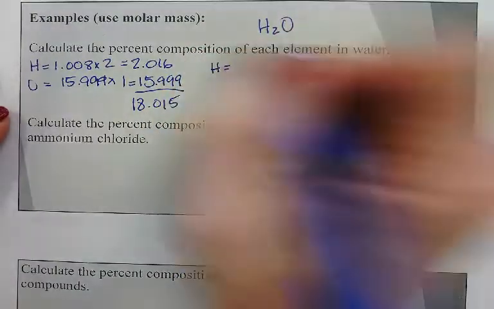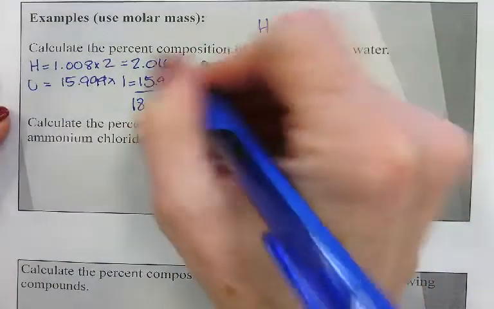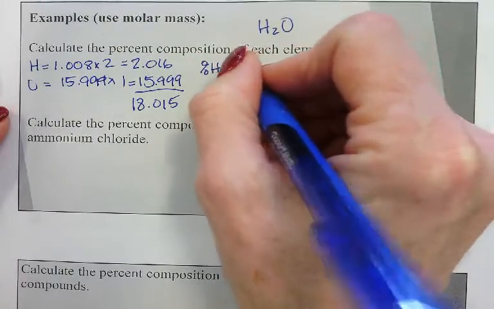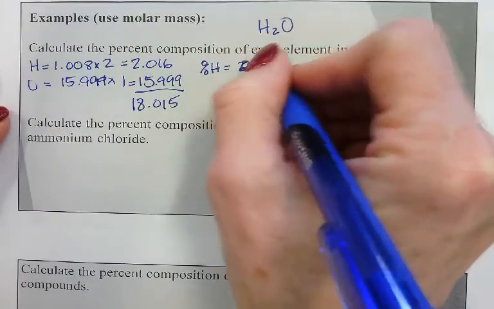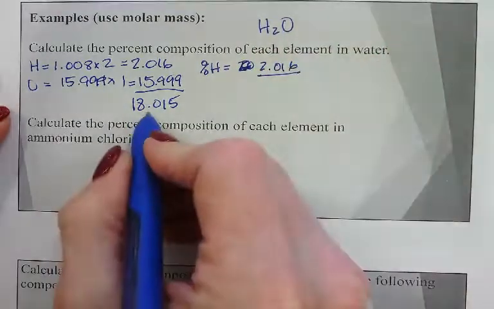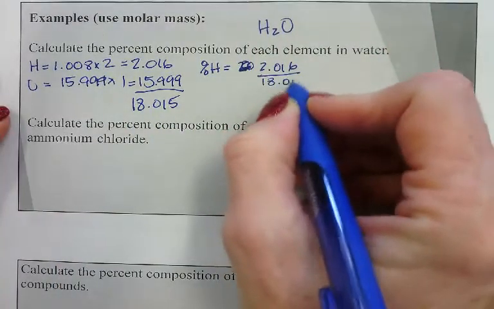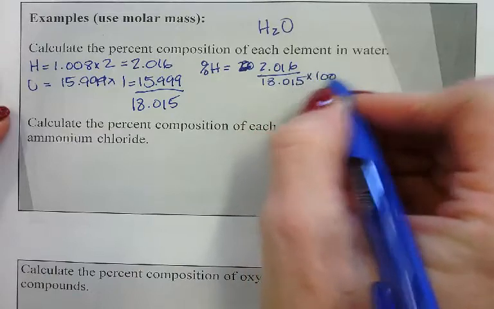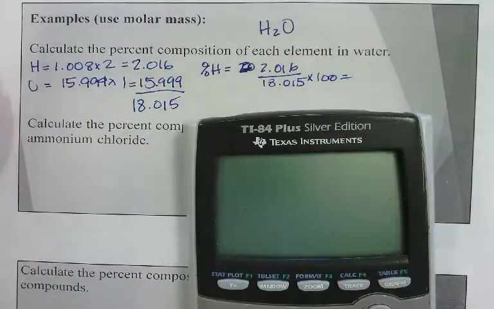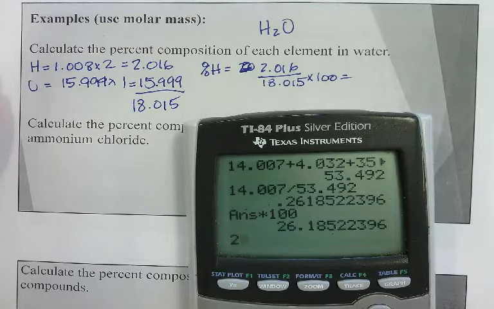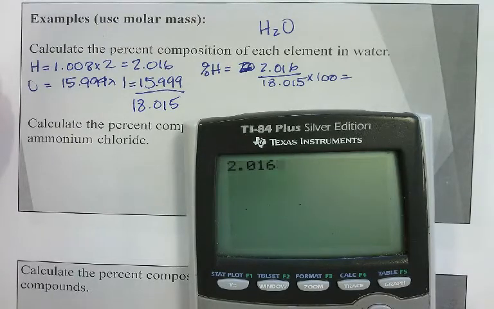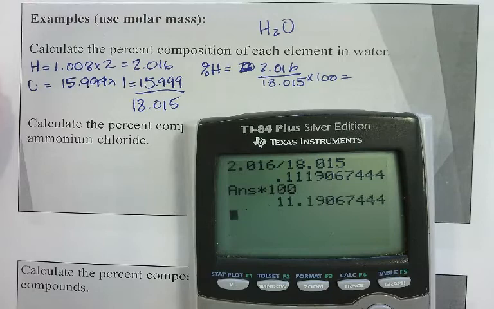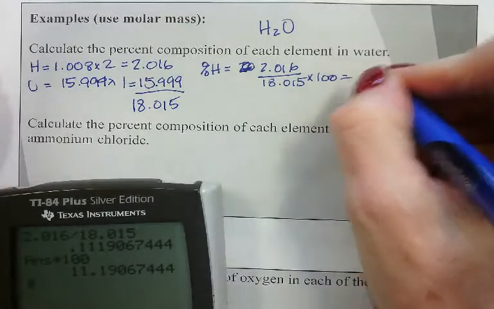To find the percent that's hydrogen, I do 2.016 divided by the whole mass, 18.015, times 100. So let's see what that is. 2.016 divided by 18.015, and then multiply that by 100 gives 11.19, which I'm going to round to 11.2%.